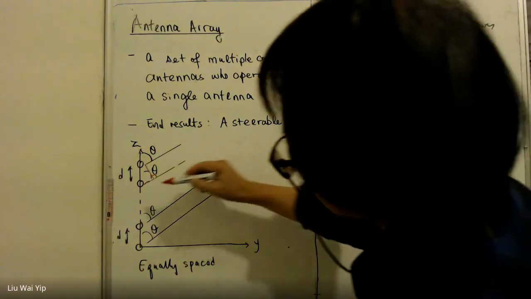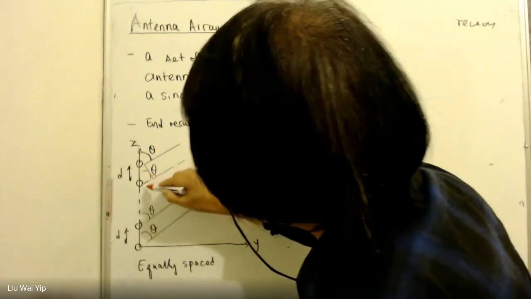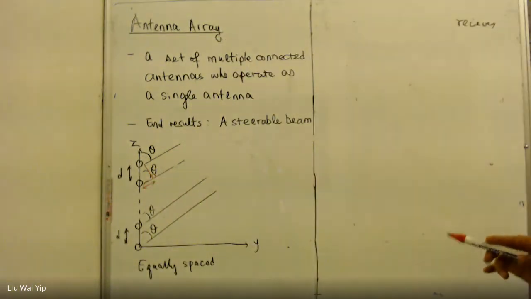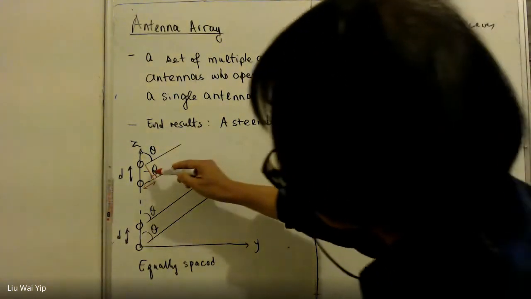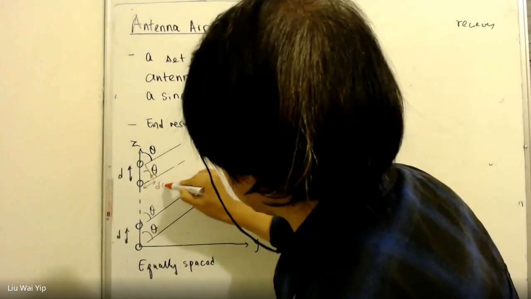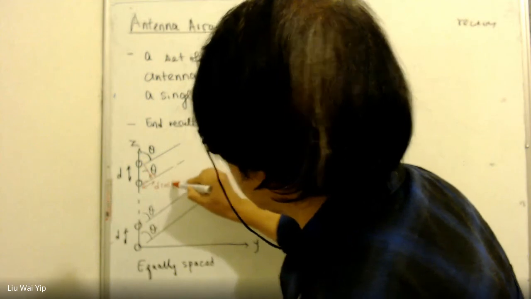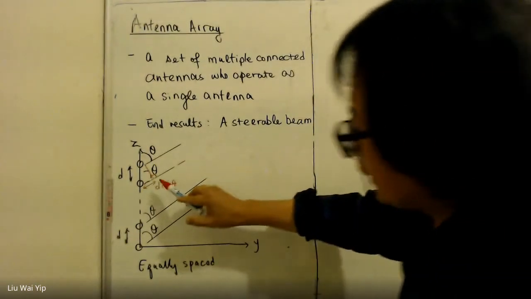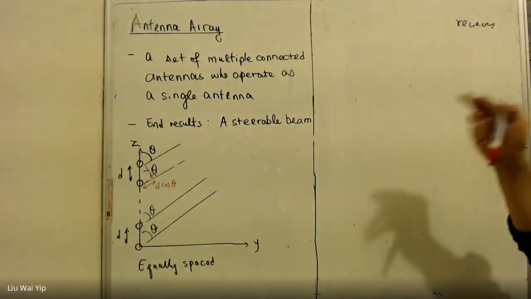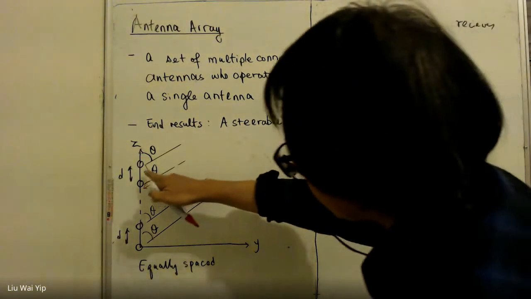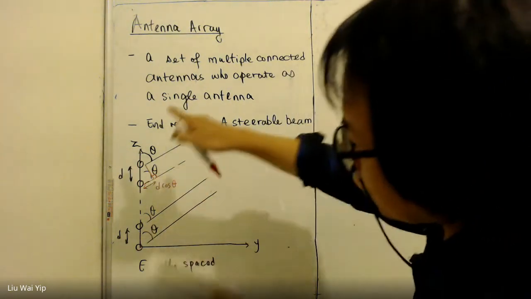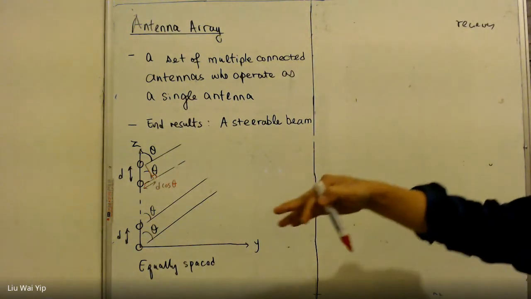And how much is this little distance? This is the so-called path difference. The path difference, according to the diagram here, is d cosine theta. And this d cosine theta is a path difference between these two elements and between all other neighboring elements.